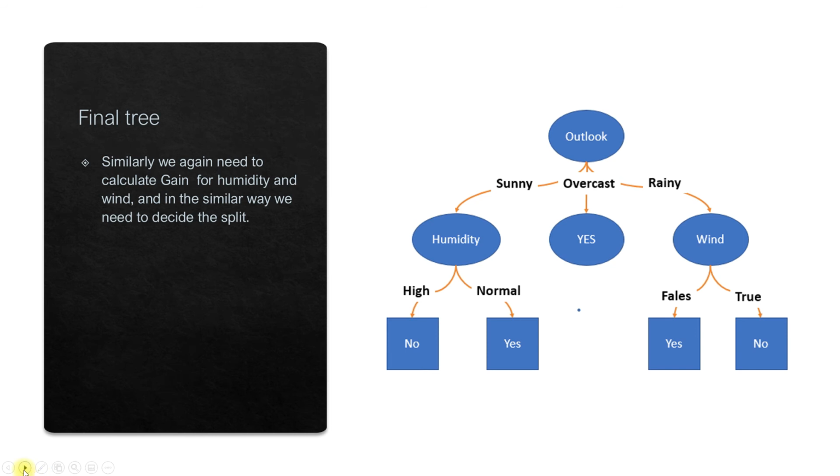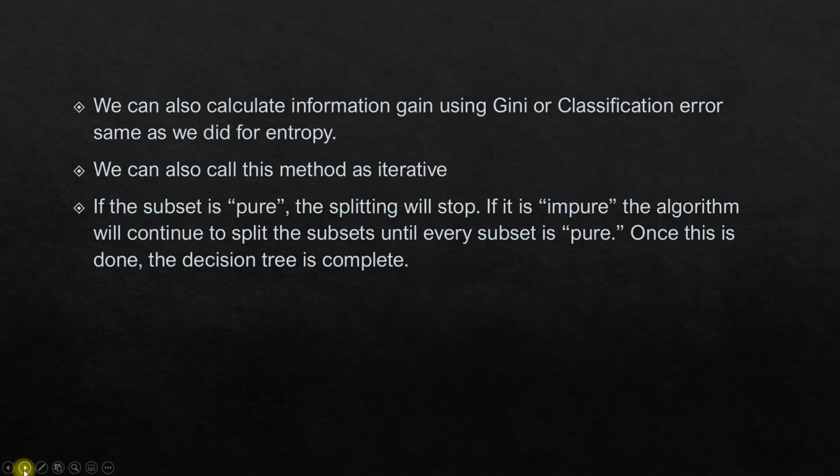We can also use Gini or classification error to build a decision tree. Typically this method is called the iterative or ID3 approach.